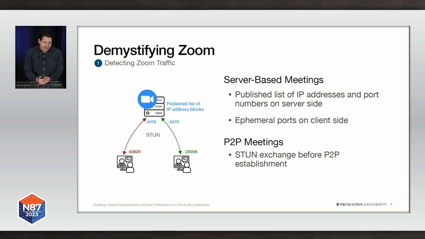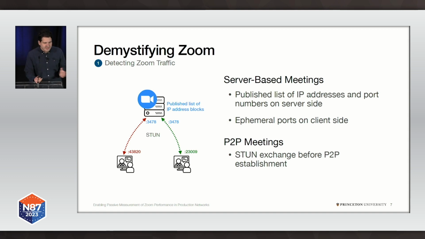However, what we observed is that before a direct peer-to-peer connection between two participants is established, we see an exchange of so-called STUN, or Session Traversal Utilities for NAT, packets right before the establishment of the peer-to-peer connection. Those packets go to UDP port 3478 on the server side at one of these published IP addresses of the servers and use an ephemeral port number on the client side.